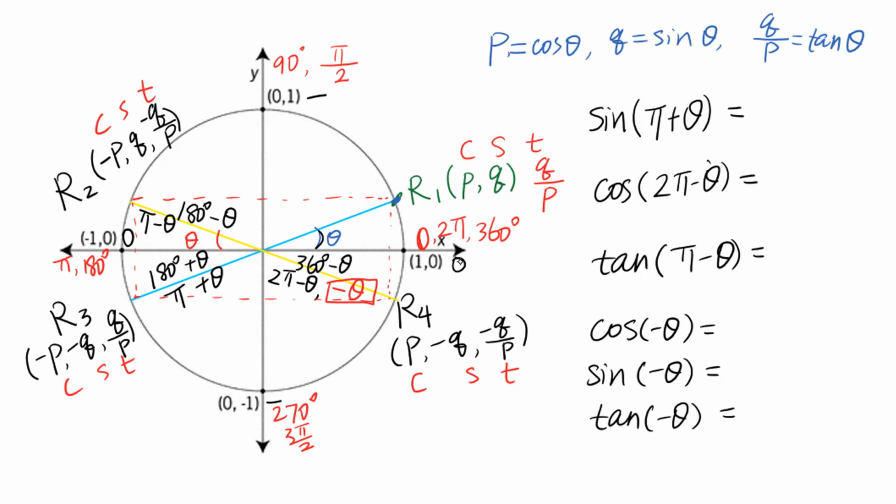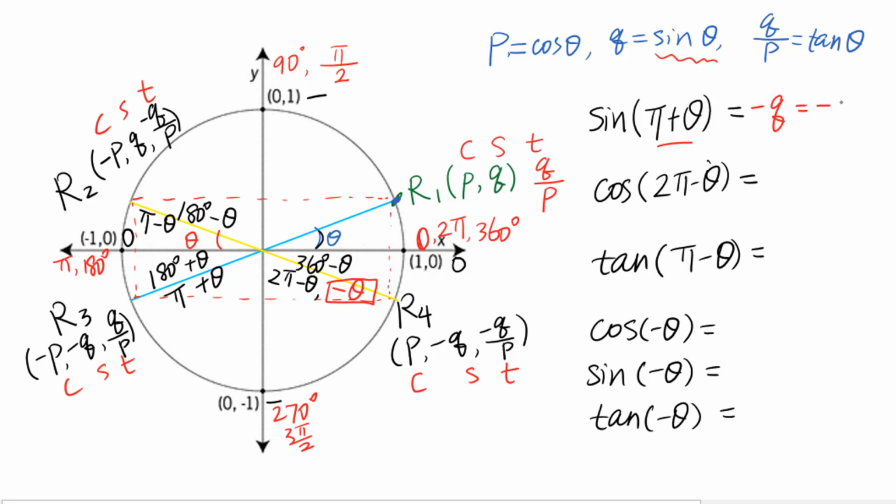According to this diagram, we can figure out some trig reduction formulas. For example, sine pi plus theta. Pi plus theta is this line, that's R3. This is CAST. So sine pi plus theta equals negative Q. Q is sine theta.